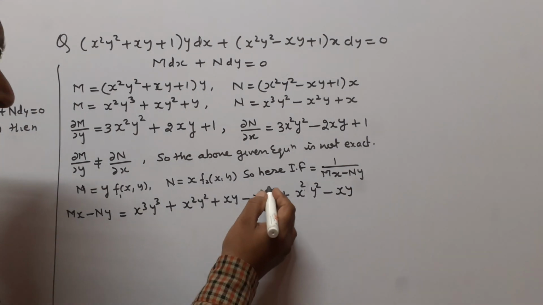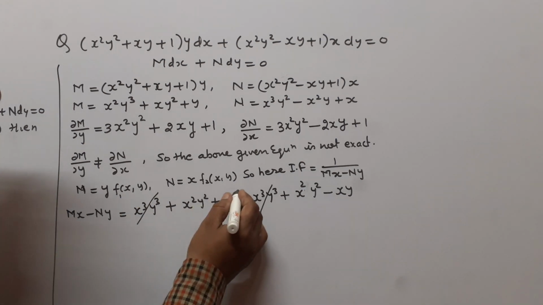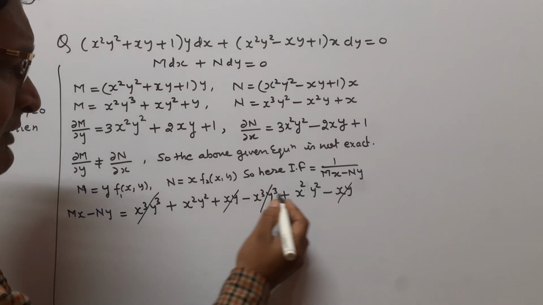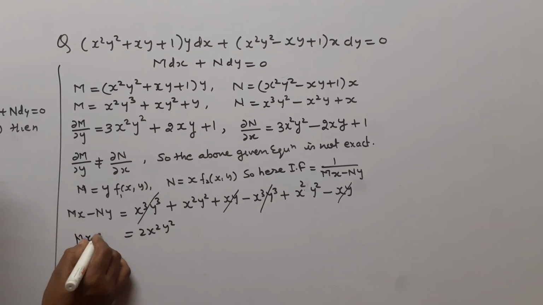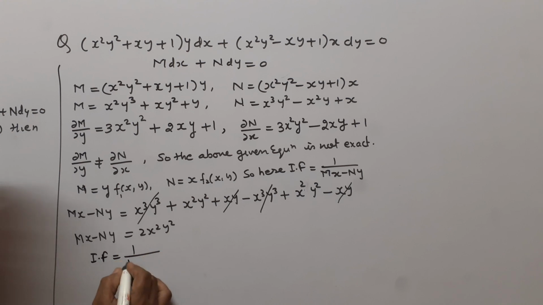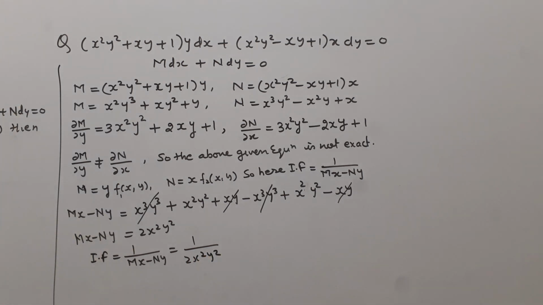So x cube y cube is cancelled by minus x cube y cube, and plus xy is cancelled by minus xy. Adding x square y square and x square y square, we get 2x square y square. So this is Mx minus Ny. So the integrating factor is 1 upon Mx minus Ny, which is equal to 1 upon 2x square y square.